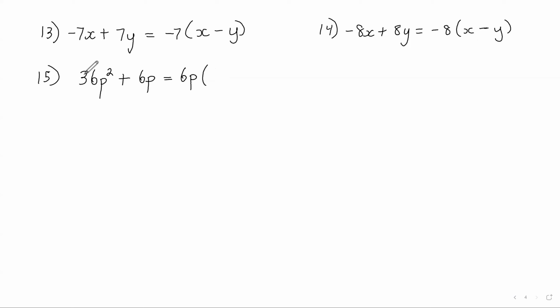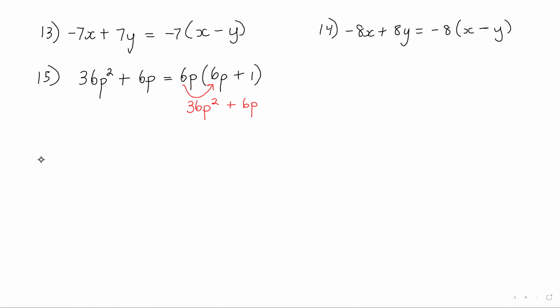We say 6 could go into 36 6 times, and p could go into p squared p times. And then 6p could go into 6p 1 time. If you're not sure, check it back: 6p times 6p will give me 36p squared, because p times p is p squared, and then 6p times 1 will give me 6p.